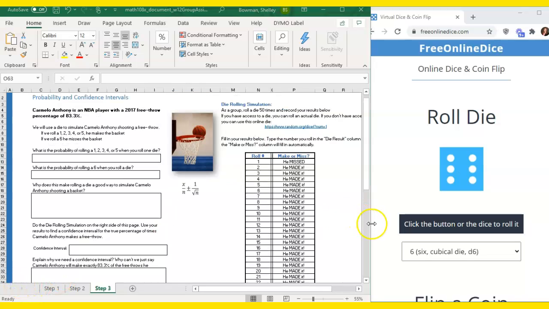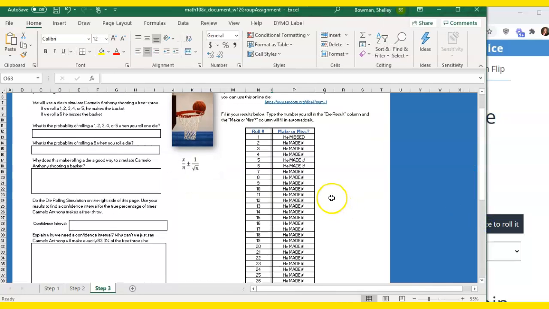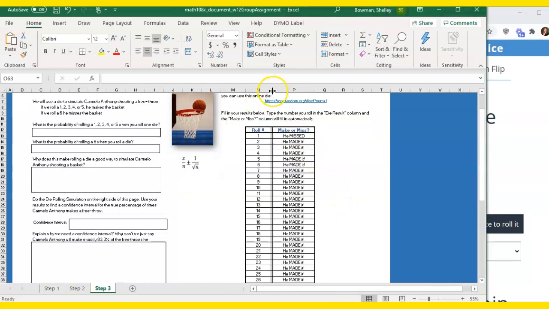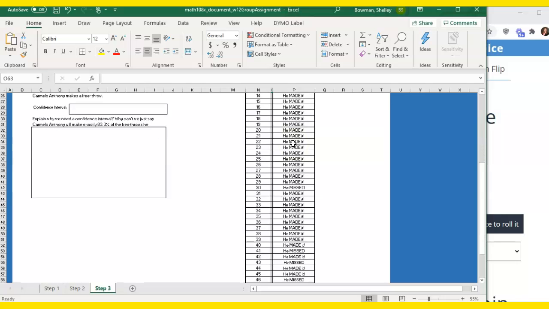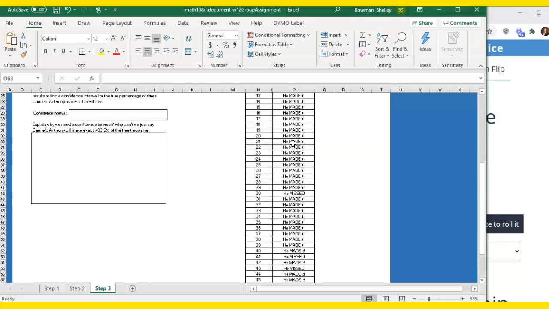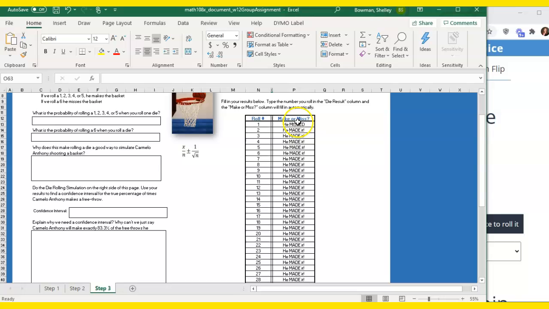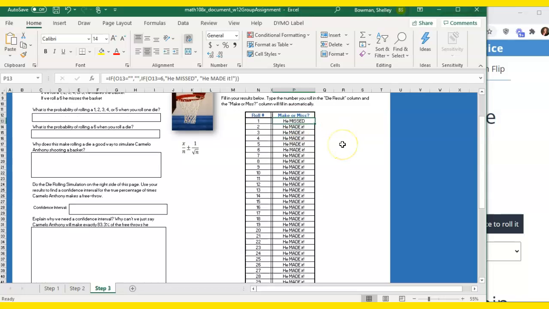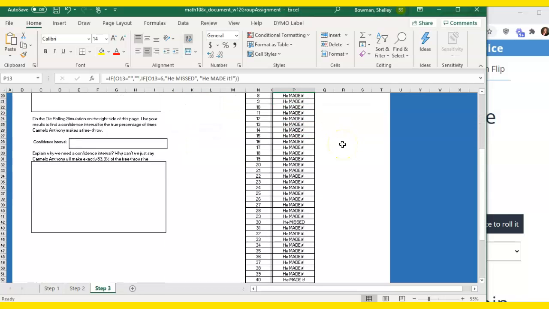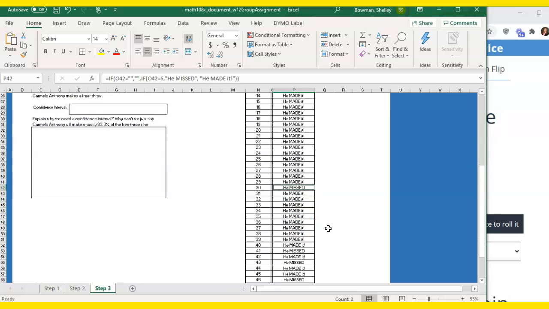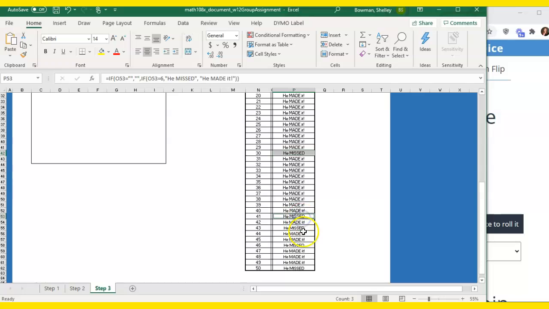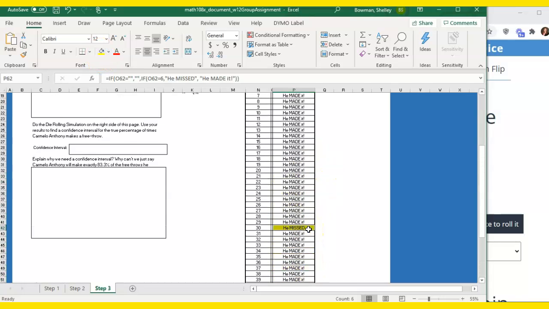Okay, so I have finished my chart here. I have hidden my column because I don't want you guys just to use the same numbers I did. And just to speed things up, what I would recommend is highlighting all of the ones that he missed. So I'm going to press Control and just run through here and find all of the ones that missed, just to make it really easy to count. Just making sure I got all of them.